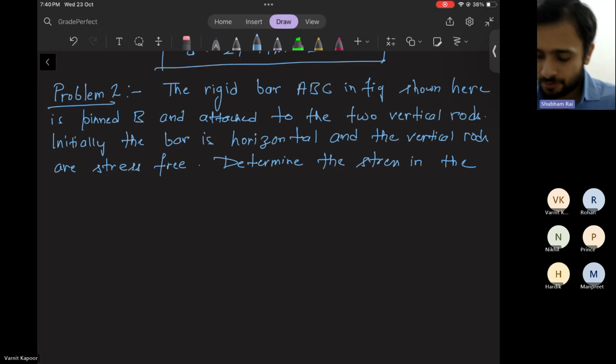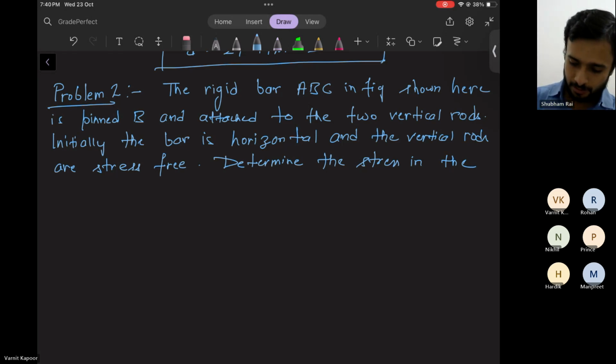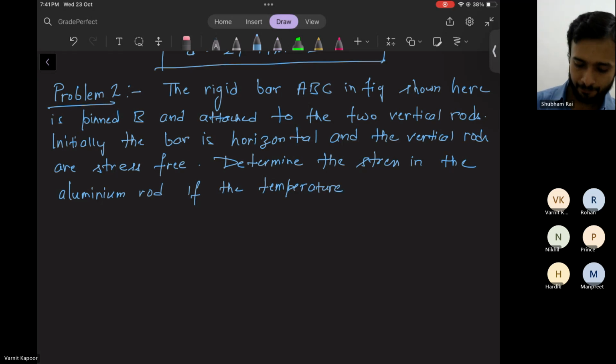So you have to determine the stress in the aluminum rod, if the temperature of the steel rod is decreased by 40 degrees Celsius. So the other rod is made of steel.